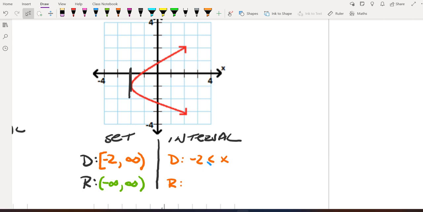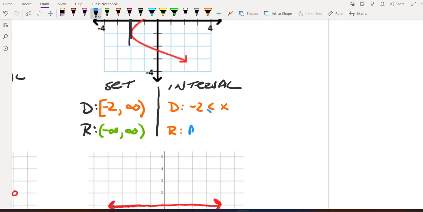So the way we say that is all the real numbers. So instead of writing infinity to infinity, we say all the real numbers.